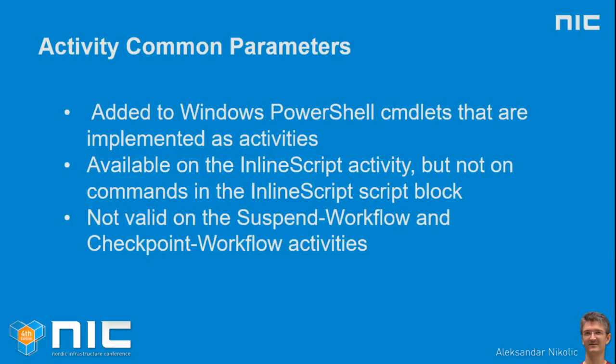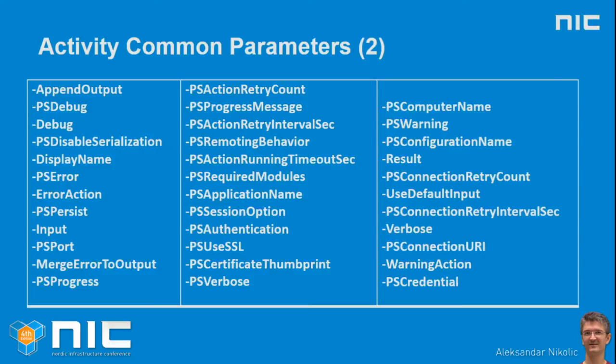There are two activities that cannot support any of our common activity parameters: Suspend-Workflow and Checkpoint-Workflow. There is a great list of those activity parameters. I'm putting all that stuff here, not for you to read it now or for me to read it, but for you to have a reference later when you get the PowerPoint, so you will have all that information in one place.